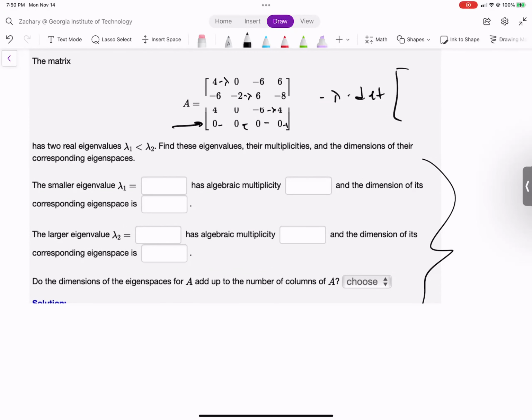Okay. So that's plus negative lambda, and the determinant of 4 minus lambda 0, negative 6, negative 6, negative 2 minus lambda 6, 4, 0, negative 6 minus lambda. And then from here, you continue the cofactor expansion.